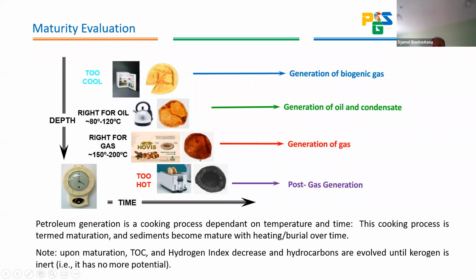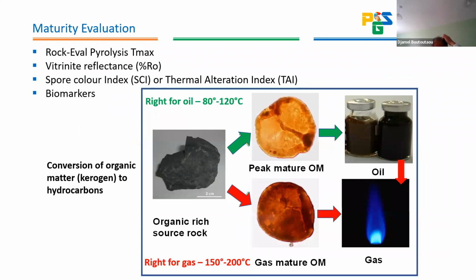So if you have an oil-prone source rock in your basin, you expect to have these three types of fluids. In the North Sea, you've got the Kimmeridge Clay, which in some basins, I think in the Viking Graben, is in the gas window. So you have oil, condensate, and gas. All these hydrocarbons are discovered in the area.